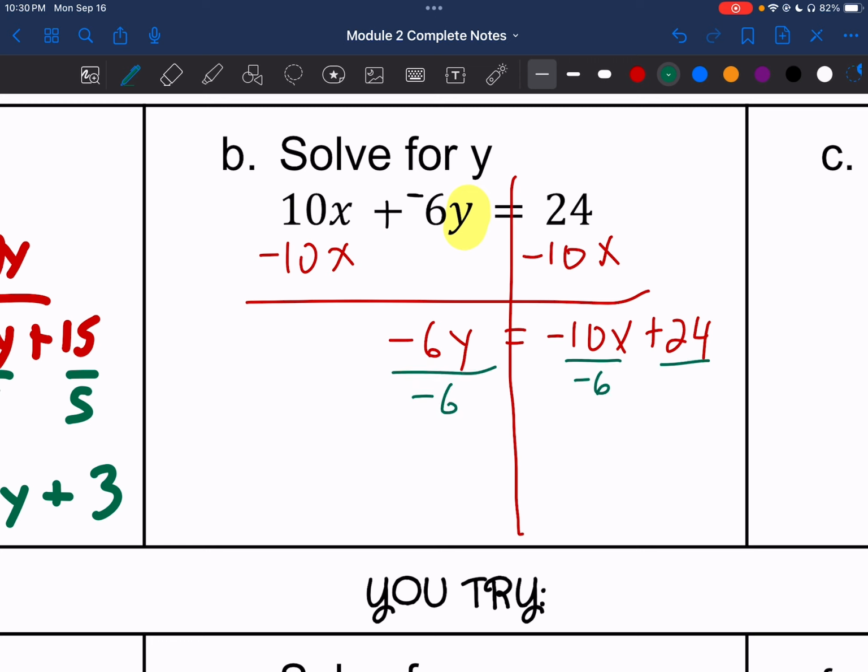And we're going to do that to all three of our terms. So y is going to be equal to negative 10 over negative 6. That can reduce to 5 over 3x plus 24 divided by negative 6 is going to be negative 4. Or if you wrote it as just minus 4, that would be acceptable as well. All right.